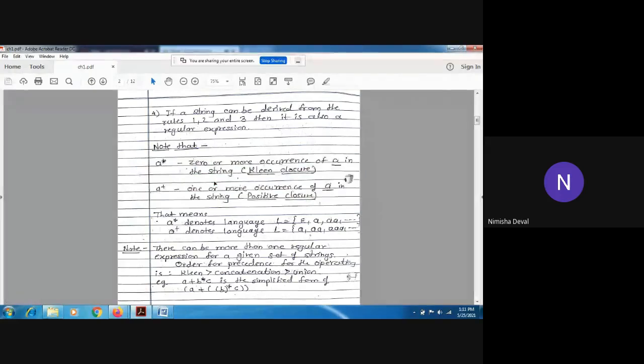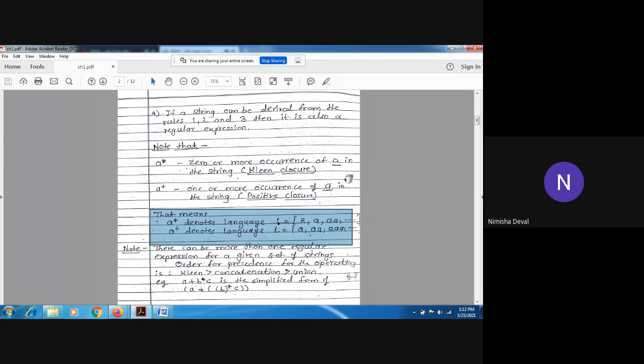Now you have understood what is meant by Kleene closure and what is meant by positive closure. Whatever we have written as a regular expression, A star and A plus, meaning Kleene closure of A and positive closure of A, its regular language is this. Whatever sentence we write as a regular language can be written in the form of a set.